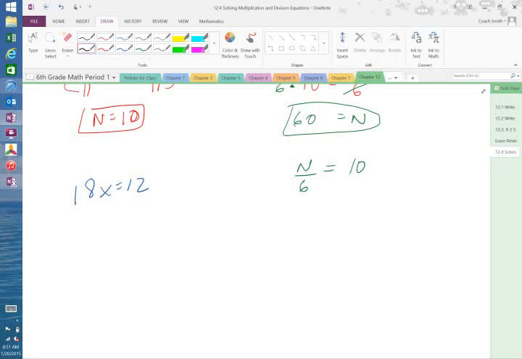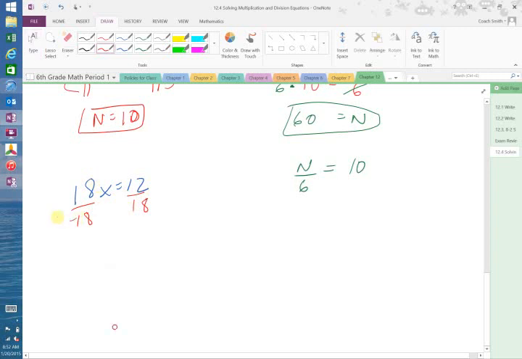In other words, what operation am I doing to 12? Is there any mathematical operation going on this side? No. So I don't divide by 12. Over here, I'm multiplying. So that's where I have to divide. So I have to divide both sides by 18.